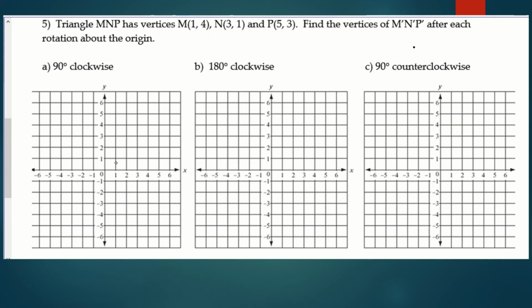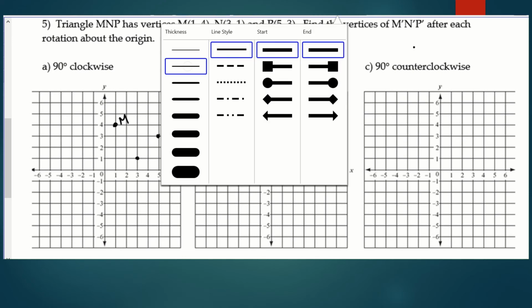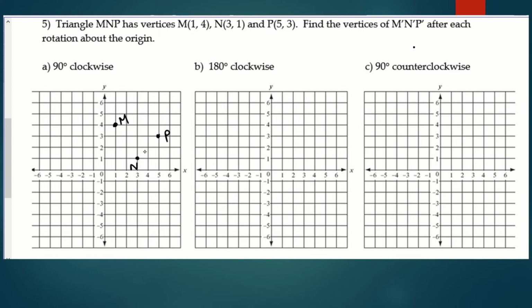So M is at (1, 4), (3, 1) is N, and (5, 3) is P. I'm going to move this N out of the way just so we can clearly see our label. Here is our pre-image, or our original figure.